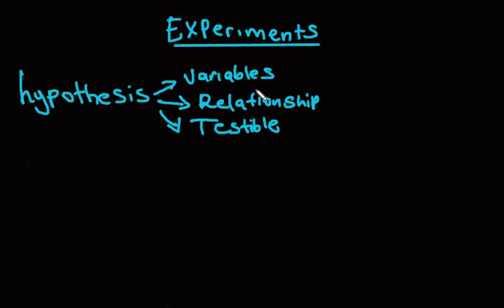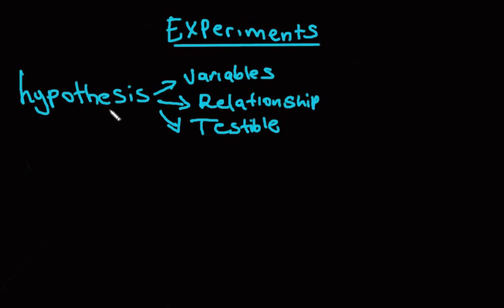An example of a hypothesis would be: water has no effect on plant growth. If you check my statement, water has no effect on plant growth, there is water, which is an independent variable, and plant growth, which is a dependent variable, meaning I've now covered both variables. And I'm saying water has no effect.